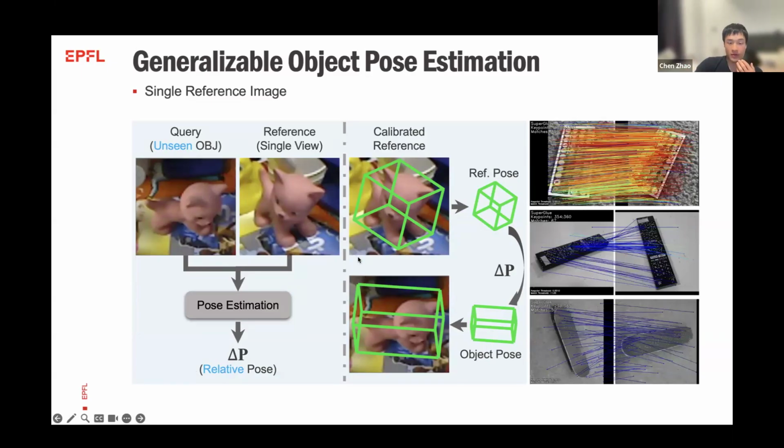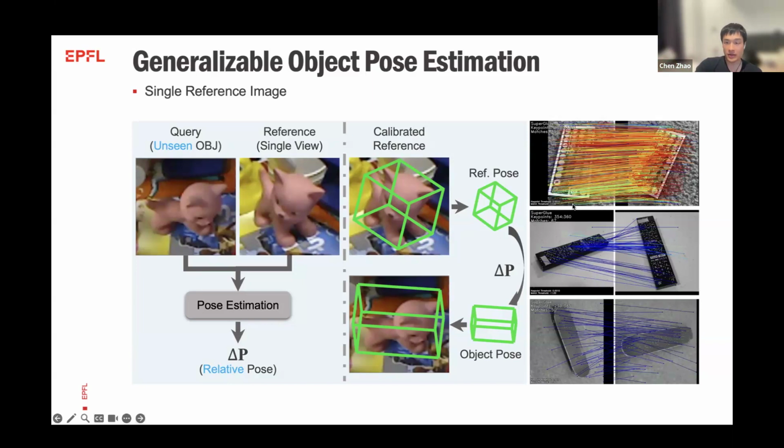To compute the relative pose, a straightforward way is to run image matching algorithms, and then we have some 2D to 2D correspondences, and based on these correspondences, we can compute the relative transformation.